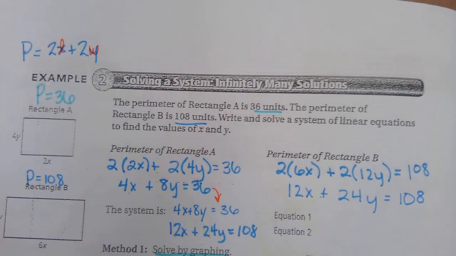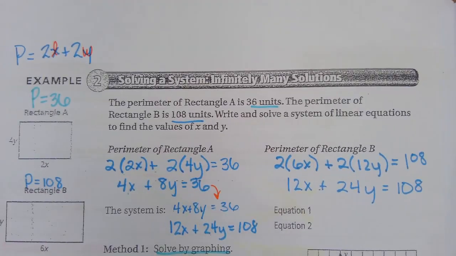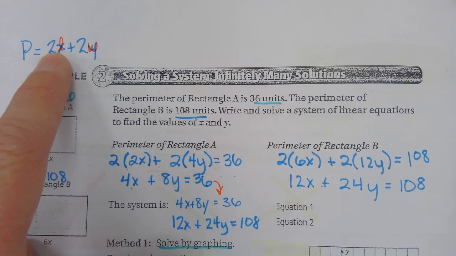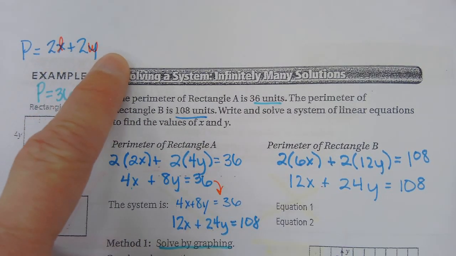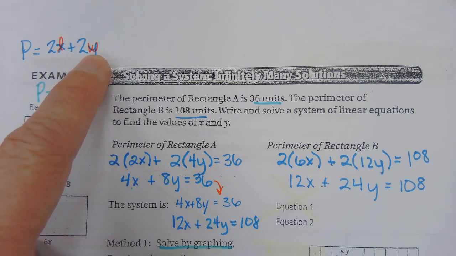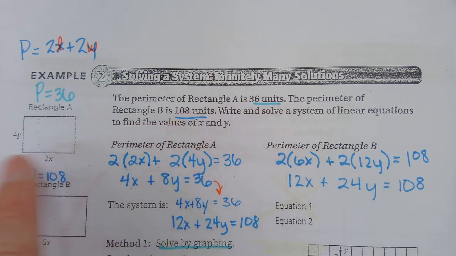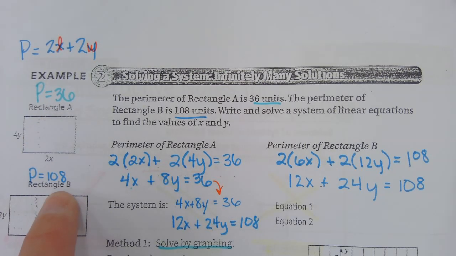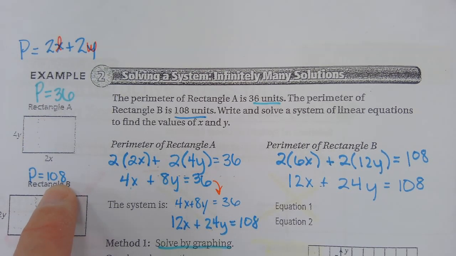The next problem that we have is example 2. We know to find the perimeter, it is 2 times the length plus 2 times the width. We start off with knowing that rectangle A has a perimeter of 36 and rectangle B has a perimeter of 108.